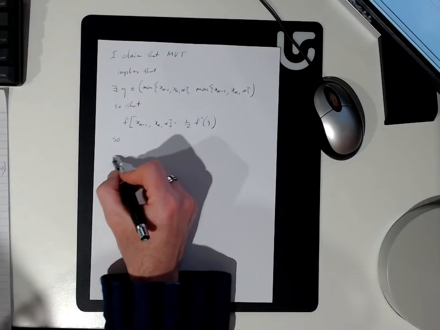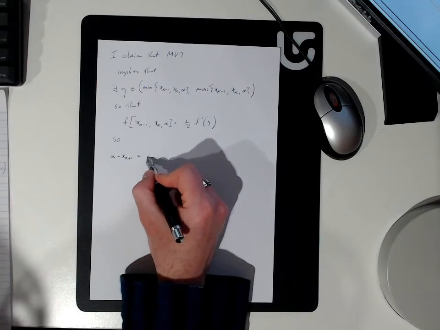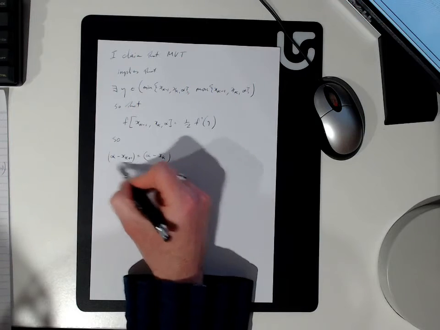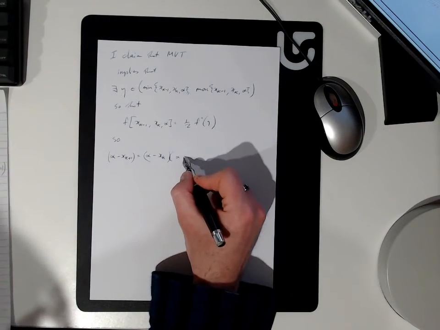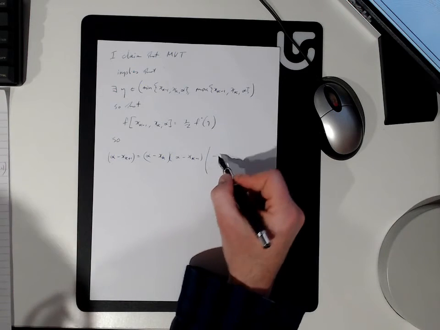So this allows us to conclude that alpha minus xk plus 1 is equal to alpha minus xk times alpha minus xk minus 1 times a number.